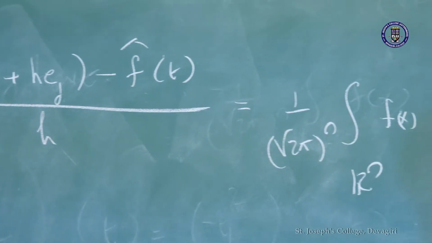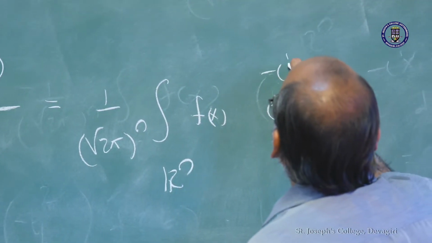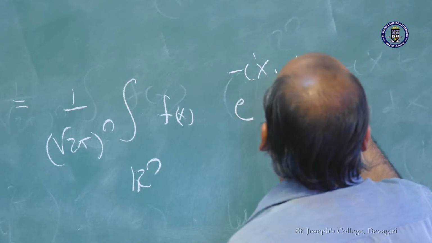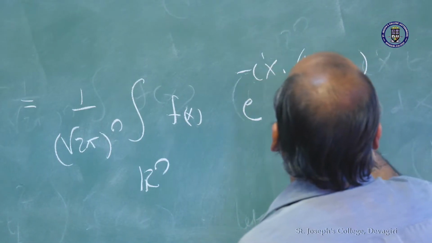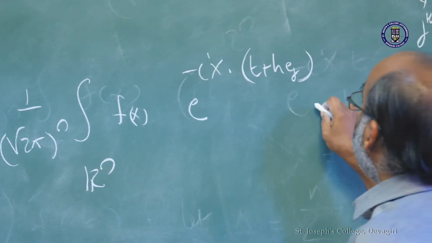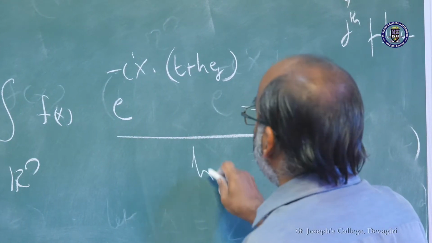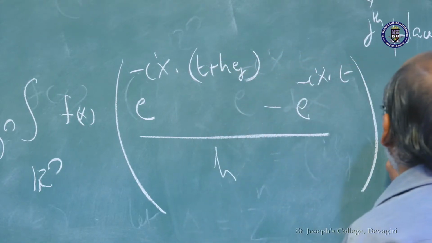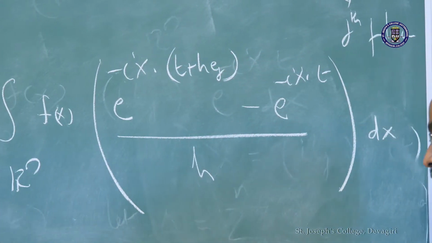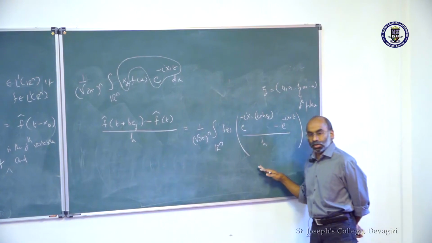So, you will have e to the minus i x dot t plus h Ej, minus e to the minus i x dot t, divided by h. So, I have combined everything inside this. So, this is a straightforward computation.